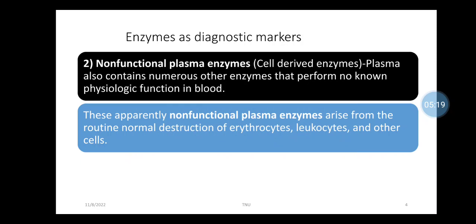What are the examples? So these non-functional plasma enzymes, basically the examples are the metabolic enzymes, like the enzymes which play very important role in metabolism, the biochemical reactions, carbohydrate metabolism, lipid metabolism, protein metabolism, nucleic acid metabolism.